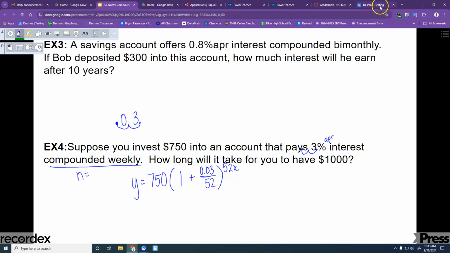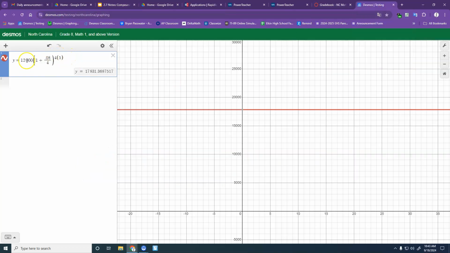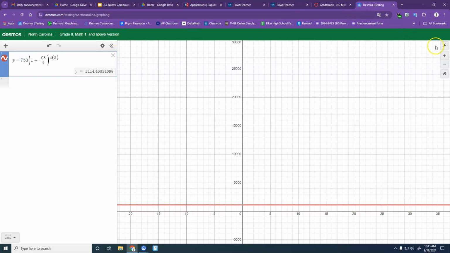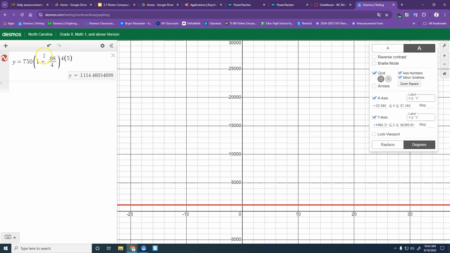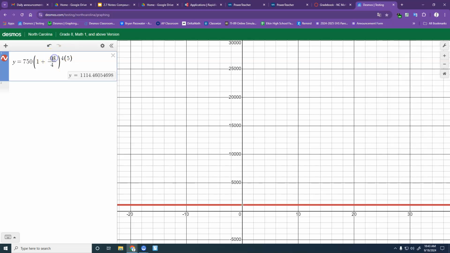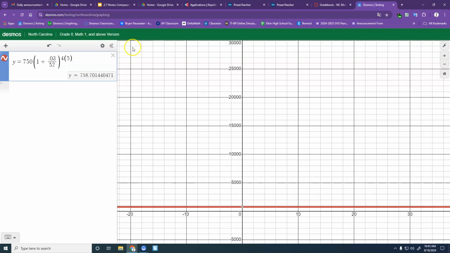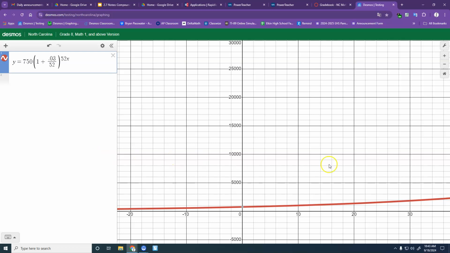We are just going to plug that into Desmos. So Y equals, this will be 750. We got 0.03 divided by 52. This is going to be 52. And we need an X right here. Okay? That gives us our graph.